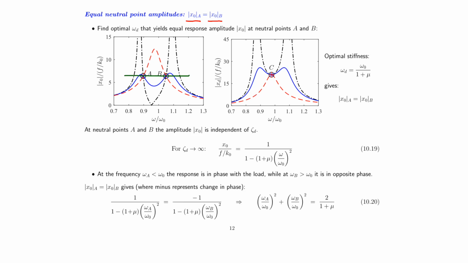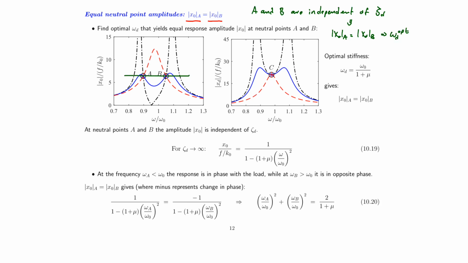And because A and B are independent of theta d, that means that the condition should provide us with an optimal stiffness, TMD stiffness.